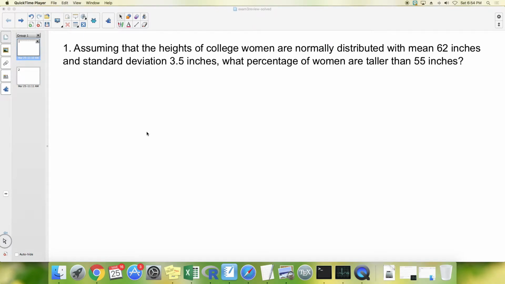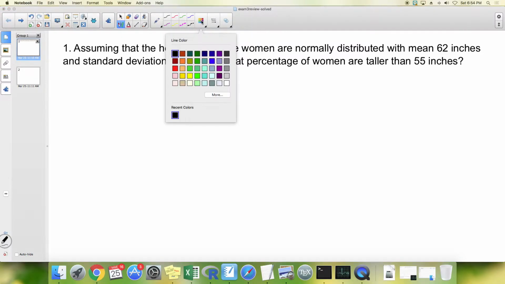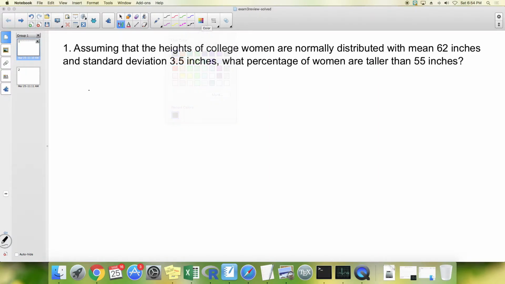So assuming that the heights of college women are normally distributed with mean 62 inches and standard deviation 3.5 inches, what percentage of women are taller than 55 inches? So obviously, X follows normal with mean mu equals 62 and sigma equals 3.5.